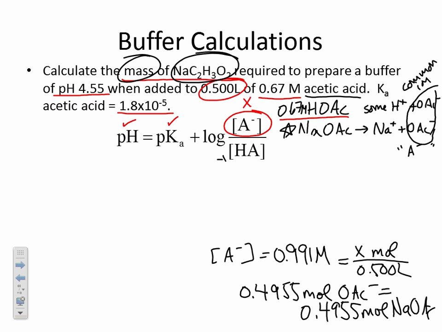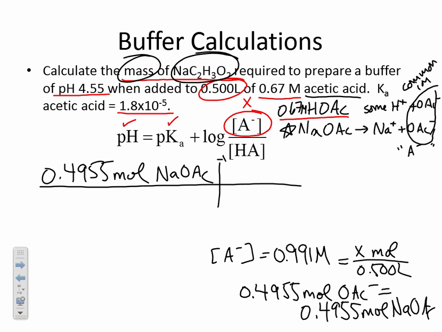From this point on, you should be realizing what you need to do for the last final step. We want mass. 0.4955 moles of sodium acetate. I am using the abbreviation here, but you get the GFM of sodium acetate from the real formula, which is 82 grams per mole.